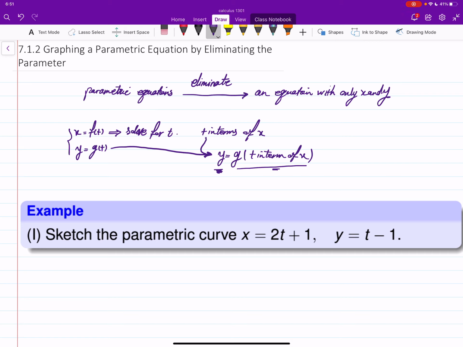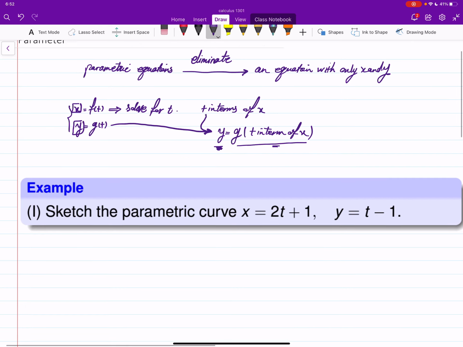And that is the world that we already know how to deal with. And then, based on that, we can figure out exactly what our parametric equation is. This can be done either for x or for y, and then you go from there.